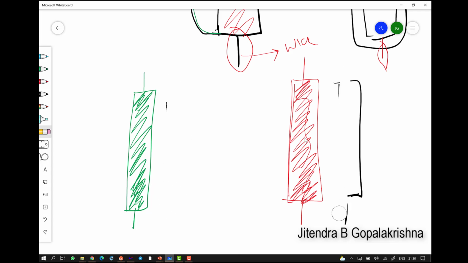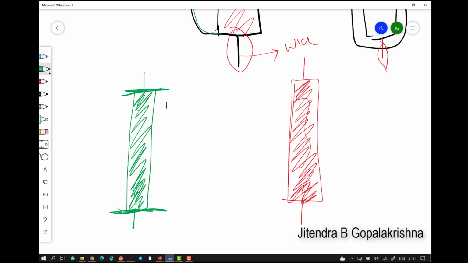Now for a green candle, this is the bottom of the body, and this is the top of the body.